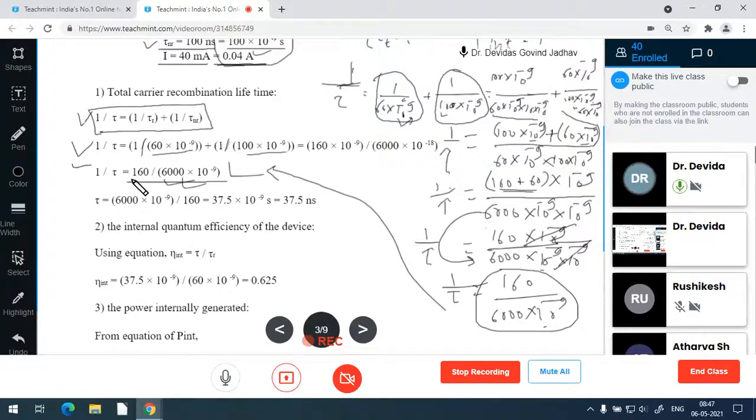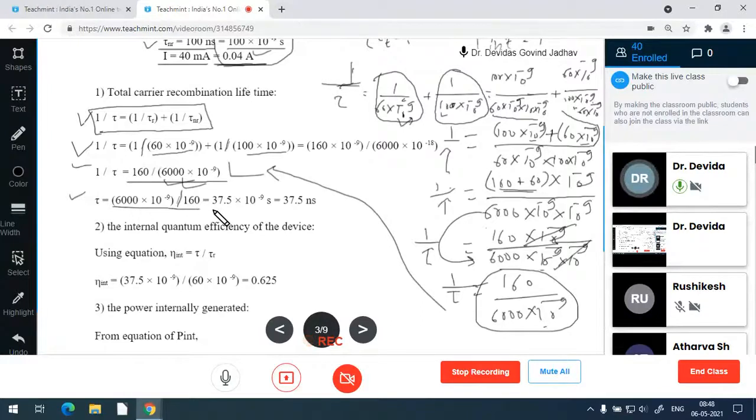But before that, we just find out what is tau. If 1 upon tau is 160 divided by 6000 into 10 raised to minus 9, then tau is how much? Denominator comes into numerator, numerator goes into denominator. So tau will be 6000 into 10 raised to minus 9 divided by 160.